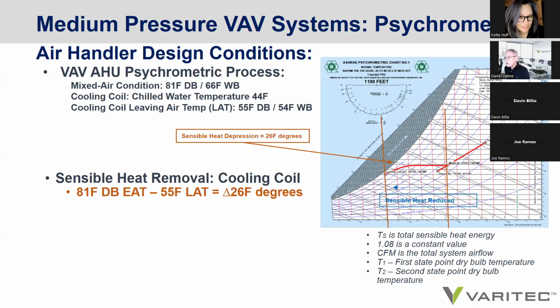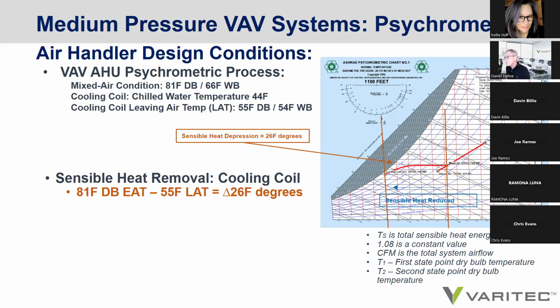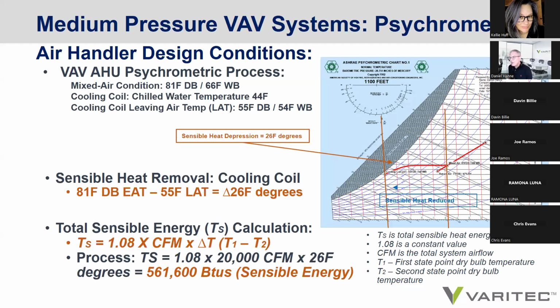And when we look at the psychrometric chart, we notice that there's a 26 degree dry bulb temperature reduction to take mixed air at 81 degrees down to 55 degrees. And you can calculate the amount of sensible energy or thermal energy necessary to bring about that reduction of heat.